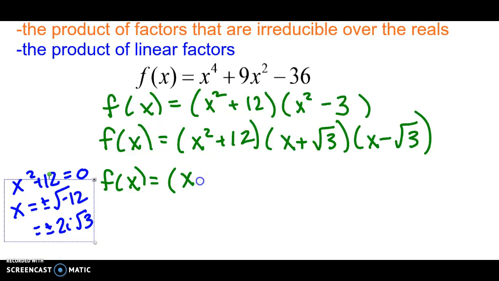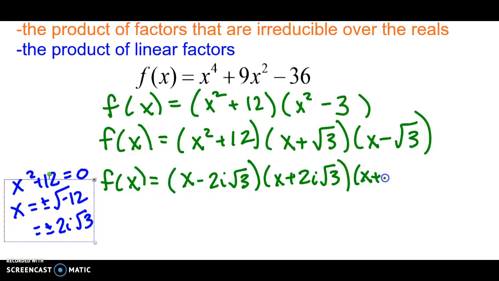So here we go: x minus 2i root 3, x plus 2i root 3, and the other two that I had from before. Look how smart we are.